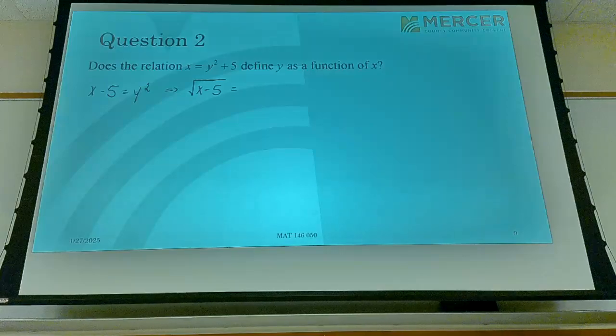It can't just be y. What if y is negative 2? Negative 2 squared is 4, square root of 4 is 2, which is the absolute value of negative 2.